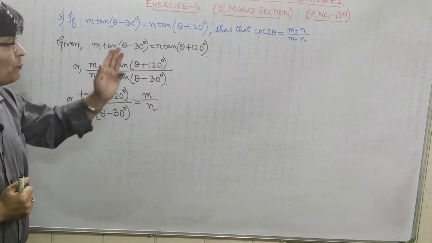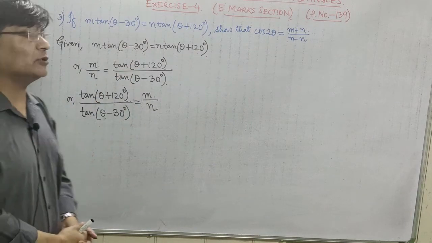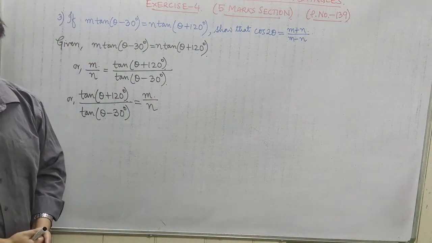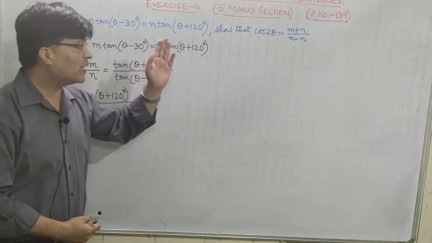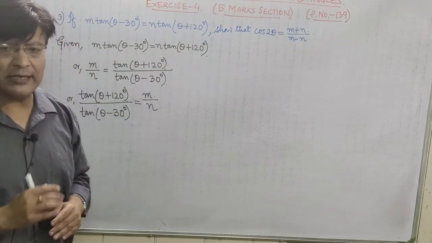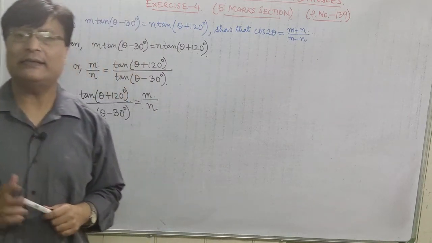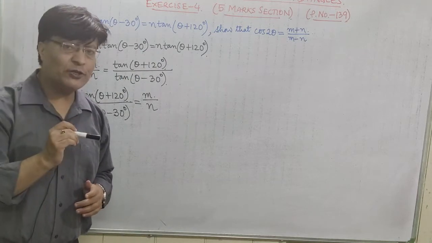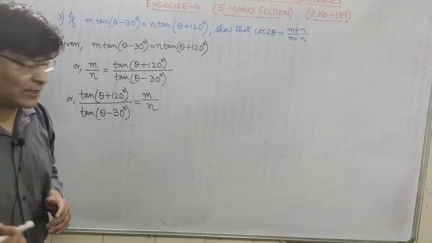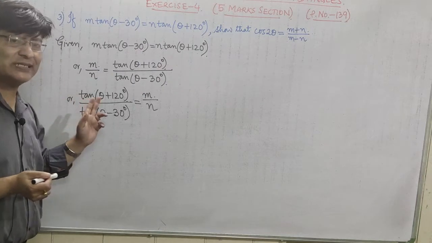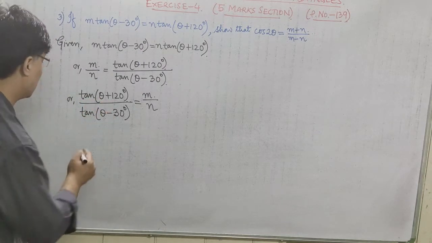So now you have to prove cos 2 theta is equal to m plus n upon m minus n. So in order to get m plus n upon m minus n, you have to use componendo and dividendo. So before you use componendo and dividendo, let us convert this tan into sine by cos.